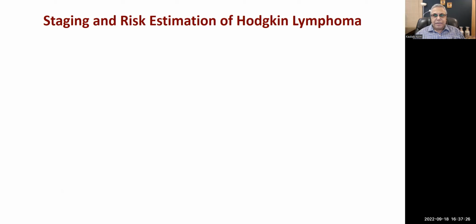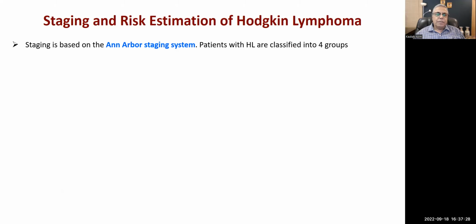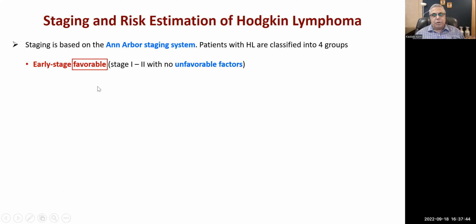Staging and risk estimation. Staging is based on Ann Arbor classification that I've already shown you. Then again, we have got further subdivisions, which are early favorable, stage 1 or 2 with no unfavorable factors. So what is favorable? Which has got no unfavorable factors. What are unfavorable factors?